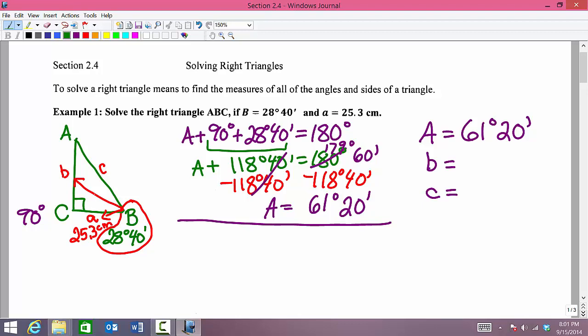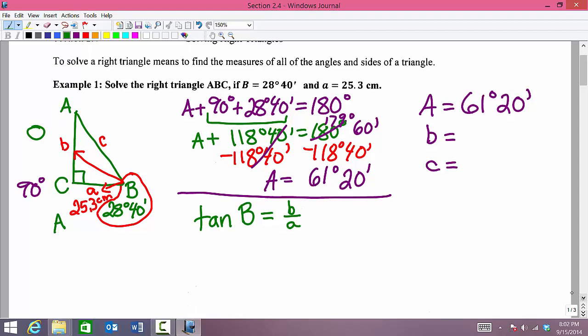So if I'm working with angle B, and I want to work with sides A and B, well, side B would be opposite, side A would be adjacent. So opposite and adjacent, that sounds like tangent. So tangent of angle B would be equal to opposite over adjacent.